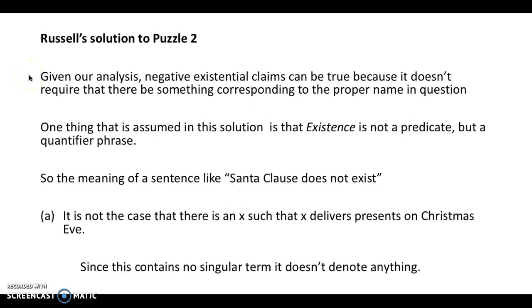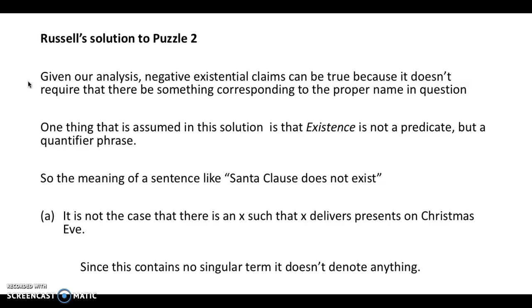So how does Russell go about solving the second problem? Well, for Russell, all proper names are just disguised definite descriptions, where a proper analysis of definite descriptions is a composition of various quantifier phrases, like the existential quantifier and the universal quantifier, in addition to some predicates.